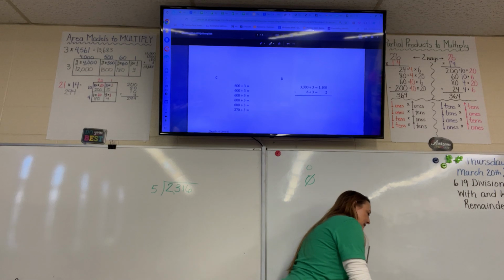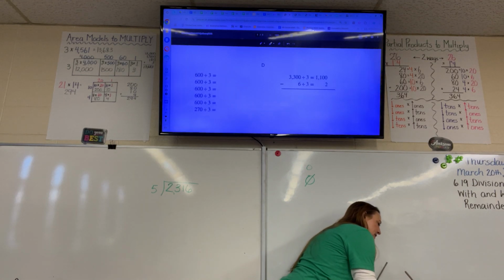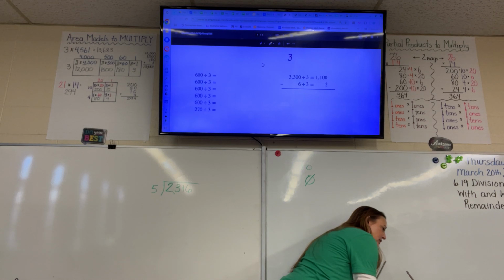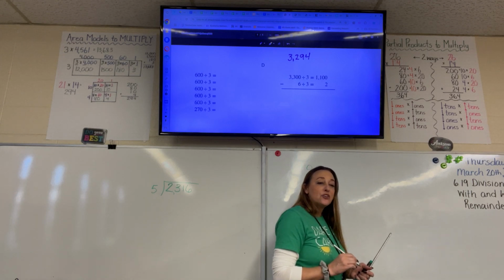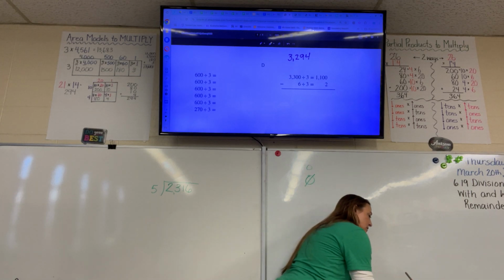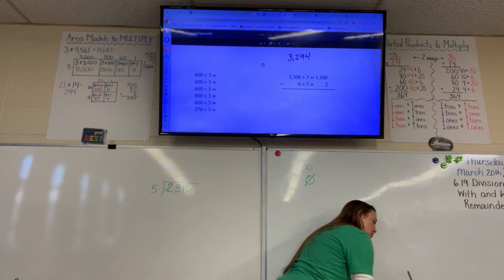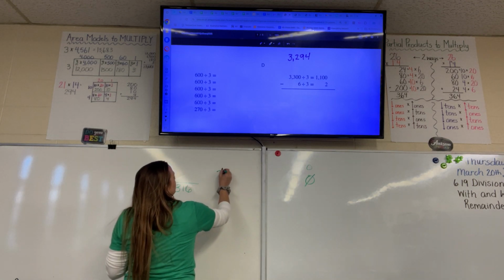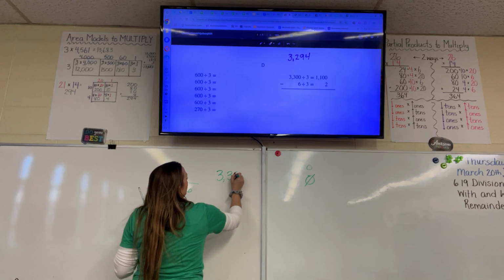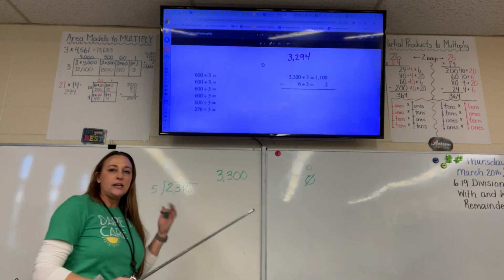And we're going to do D. What she did is she took 3,294 and she turned it into a subtraction problem. This is what she did.